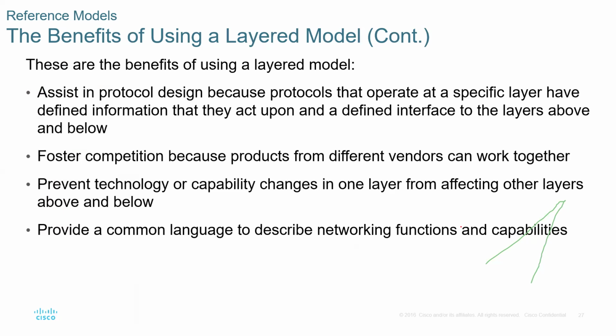So using layered models is very important. Understanding how each layer functions leads to isolating a problem. If you see a problem, you can isolate that it is not an application layer problem. I think the problem could be in the network, so you start troubleshooting at the network layer instead.